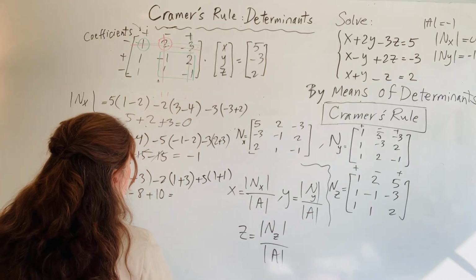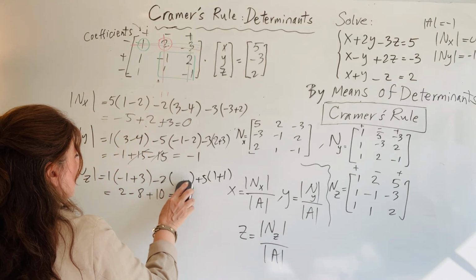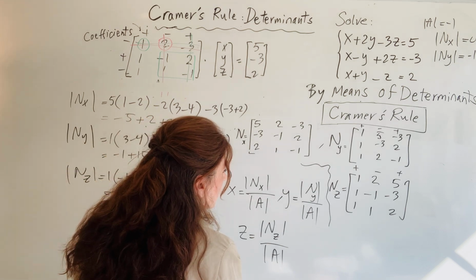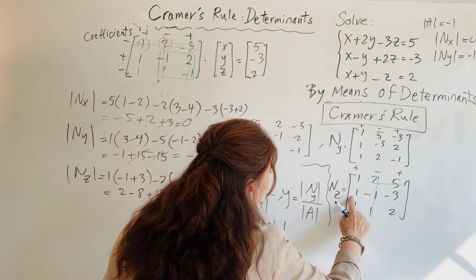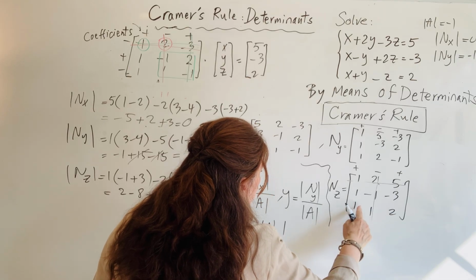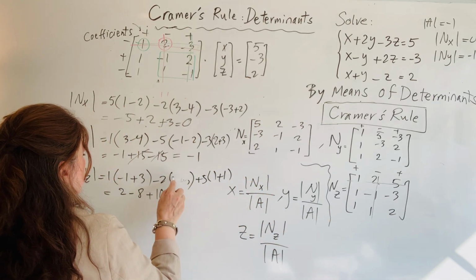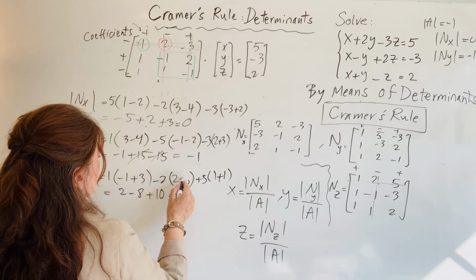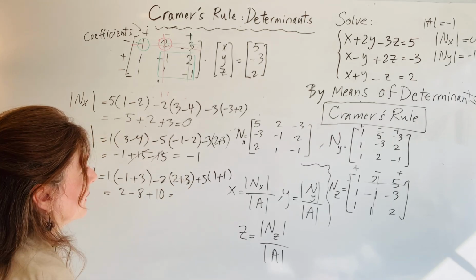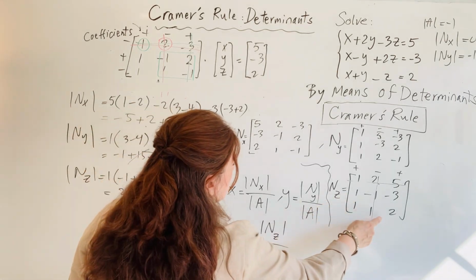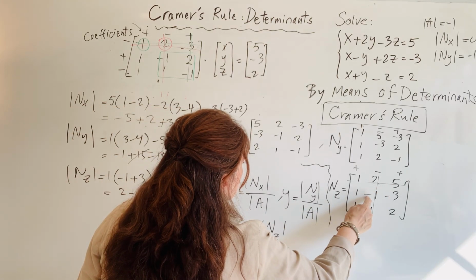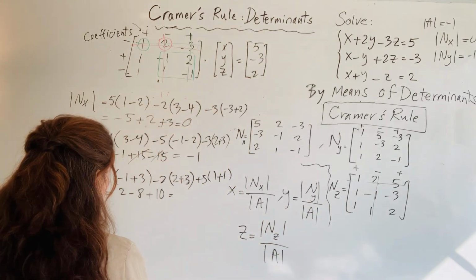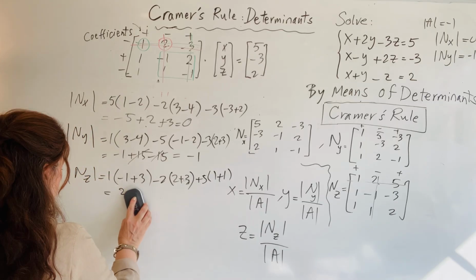Yes. -2 times 1 times 2 plus 3. Okay? Yes. 2 minus 3, and 5 is 1 plus 1. Okay, now how much is it going to be?